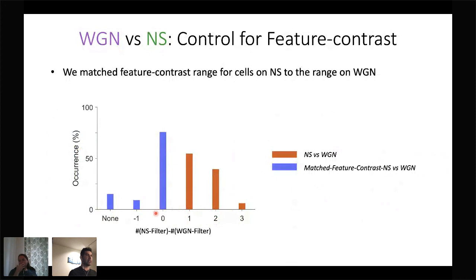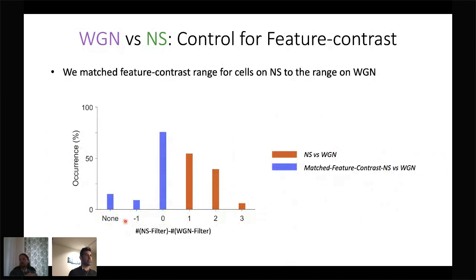We can see that for most cells, the number of receptive filters found using this matched feature contrast natural scenes has dropped to the number of receptive filters that we have found for these cells using white Gaussian noise images. And in other cases, the number of identified filters using this matched feature contrast natural scenes was either less than white Gaussian noise or no filter was identified at all.